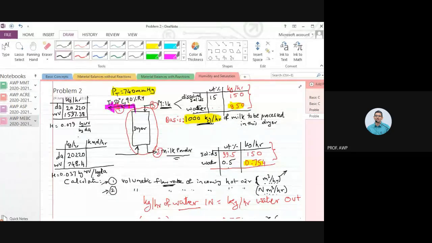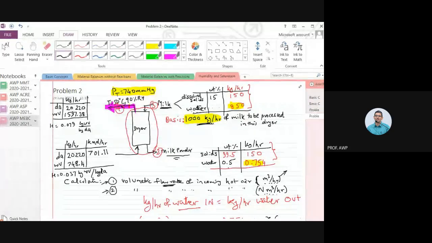Molecular weight of dry air 28.84. So 20,220 divided by 28.84, that will give me 701.11 kilomoles per hour.